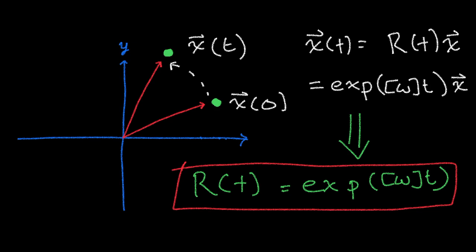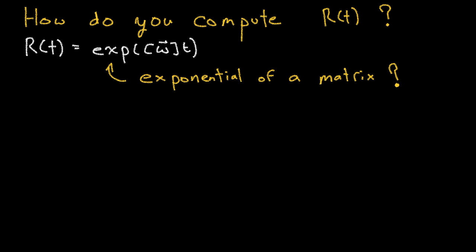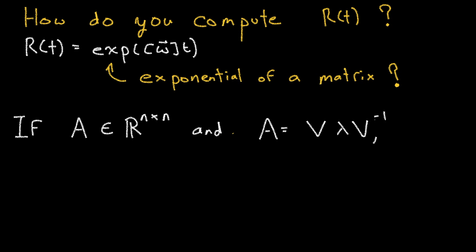Just before we go on, we should talk a little bit about computing matrix exponentials. Because offhand, this looks like a very complicated detour to have taken. As a review, let's say I give you an n by n matrix A, and A has an eigendecomposition, which means that we can decompose A using an orthogonal matrix V, which contains the eigenvectors, and a diagonal matrix, lambda, which contains the eigenvalues on its diagonal.